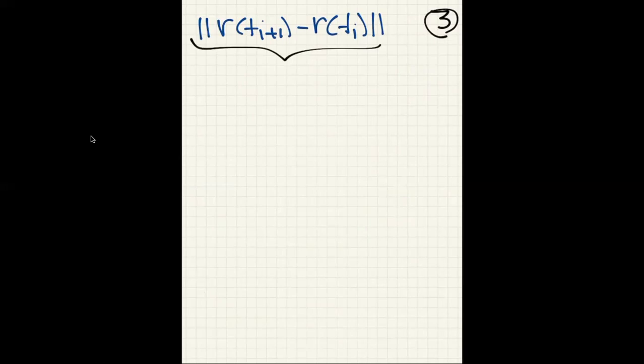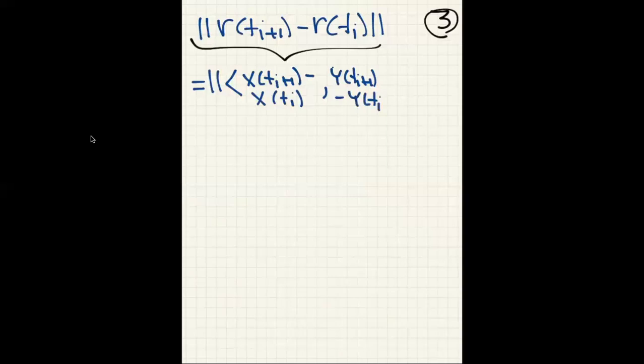So let me say this. This is equal to the length of x of t_{i+1} minus x of t_i, comma, y of t_{i+1} minus y of t_i, comma, I'm really just using the formula for difference of vectors and using their components, z of t_{i+1} minus z of t_i.